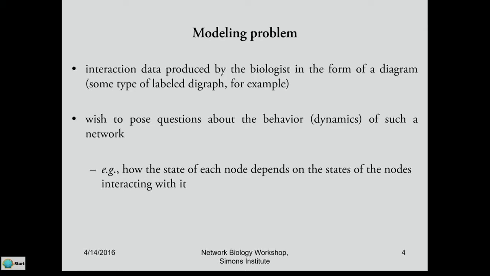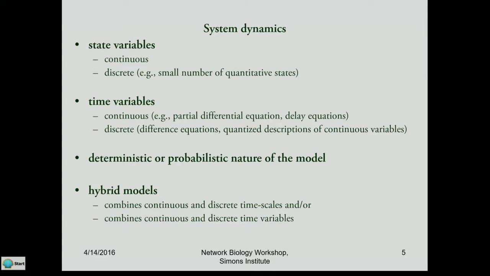For example, interaction data can be produced in the form of a diagram that people have seen mostly here, and we may want to pose questions about the network, about the dynamics of such a network, like how the behavior of a node depends on other nodes and so forth.